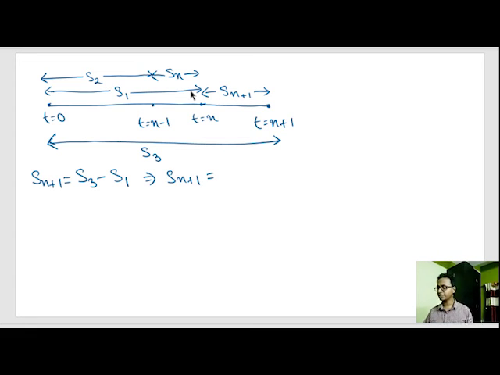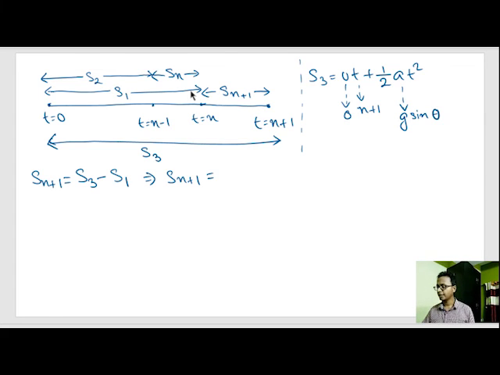Ut plus half at square. So let's write the value of s3. S3 is nothing but ut plus half at square. Initial velocity is 0. Time is n plus 1. Okay, and a is g sin theta.